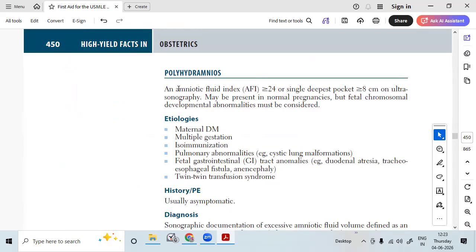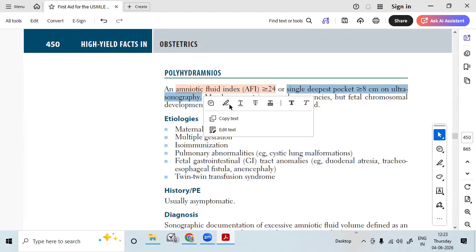So this is important: amniotic fluid index more than or equal to 24, single deepest pocket more than or equal to 8 centimeters on ultrasonography.